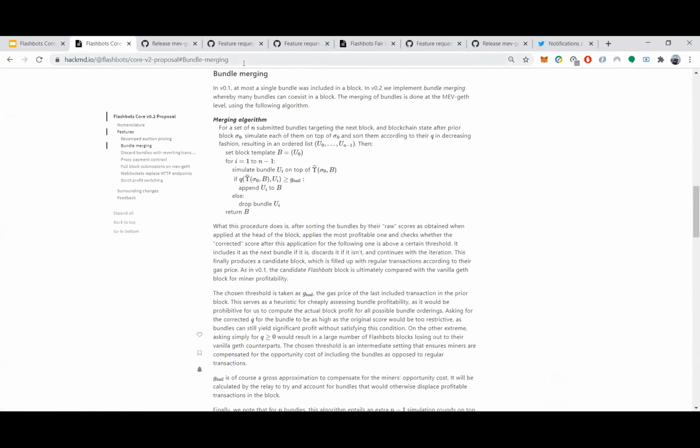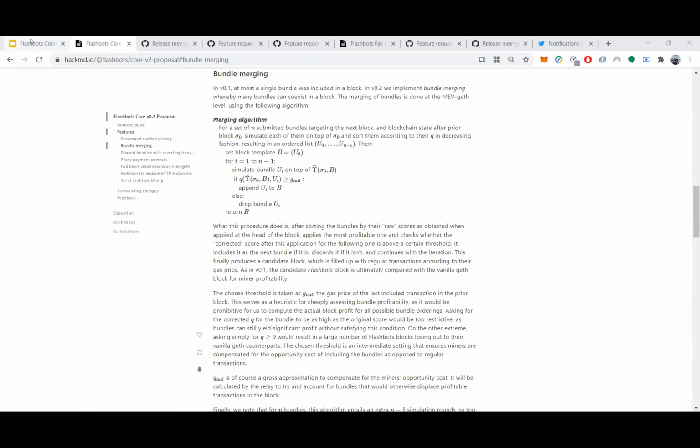In the proposal, what you'll see is an algorithm for how the merging can take place at MEV-Geth, but we're concerned that there might be some inefficiencies in doing it there, and it might bring in some side effects. So it would be great to get some feedback on at which level you believe the bundle merging should happen, and whether there are any concerns that you have with the algorithms proposed for merging on MEV-Geth.